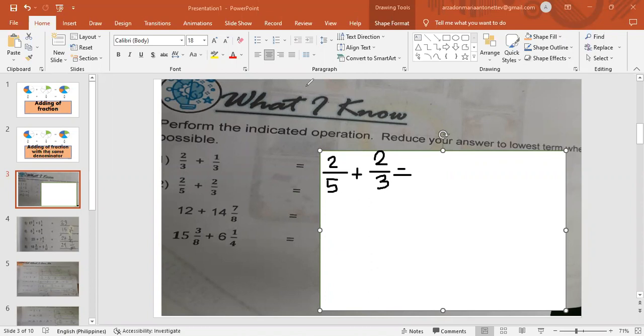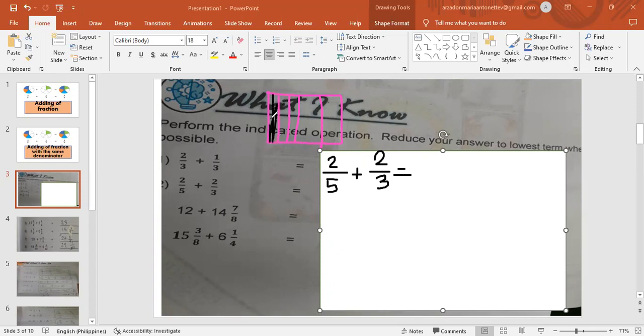I'm going to show you the illustration of that one. Let's say we have a rectangle again with 5 parts: 1, 2, 3, 4, 5 parts. But in those 5 parts, only 2 are shaded.